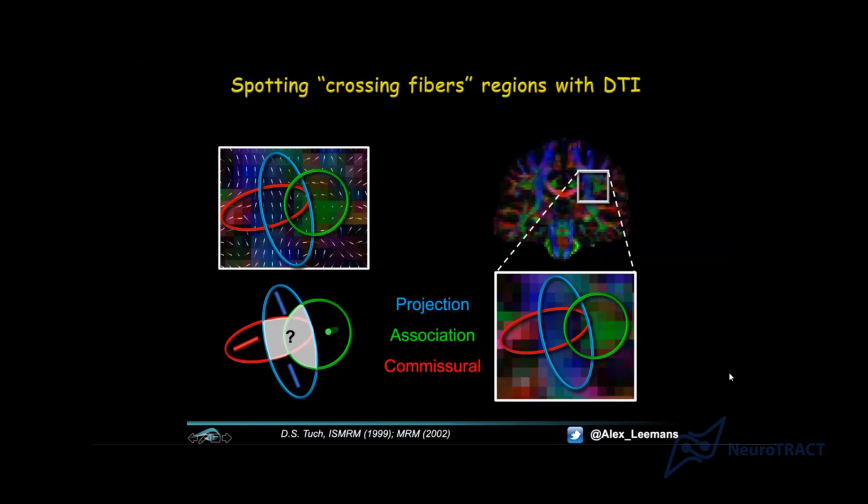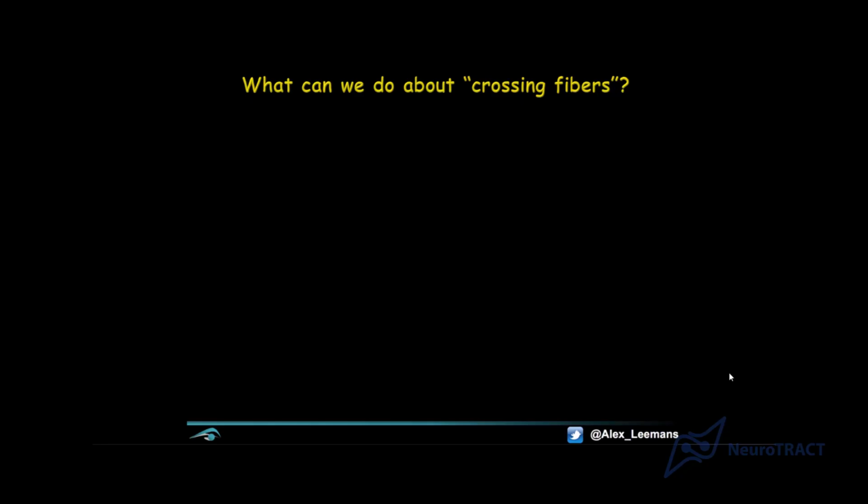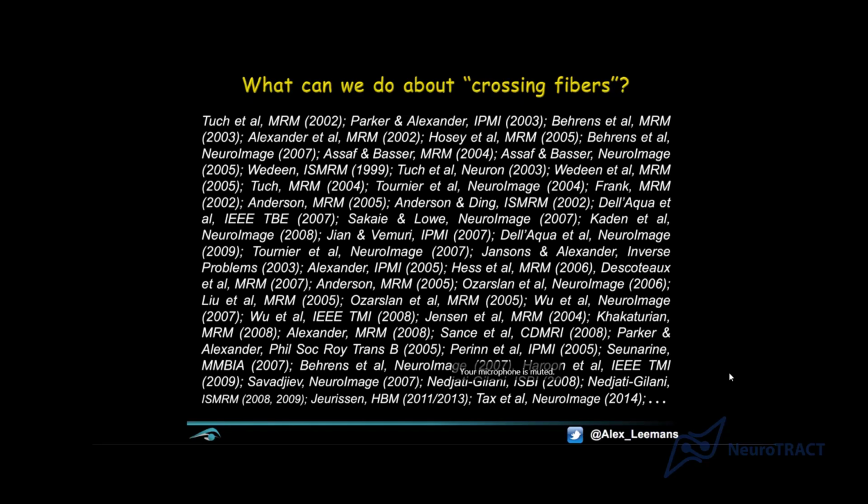But they all seem to mix up in the center, right? And it's exactly in that region where we have this kind of anisotropy, which is very low. We get very low values because the diffusion front back, up, down, and left, right might be of the same magnitude. So how can we tackle this, right? What can we do about these crossing fibers? Well, a lot, right? A lot of people have been working on this for almost 2 decades.